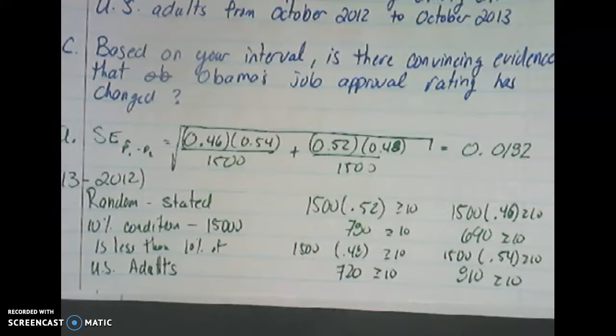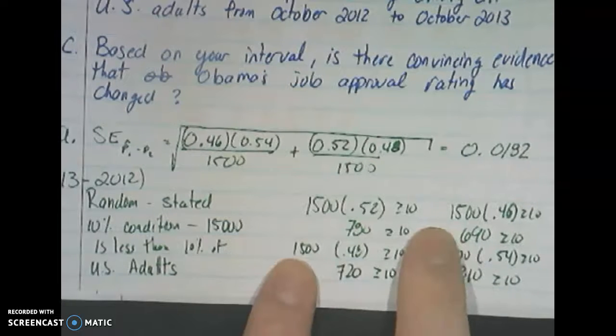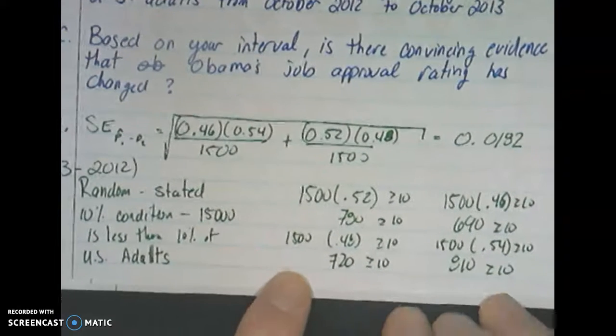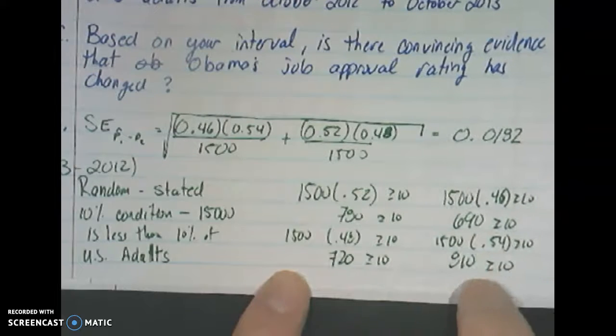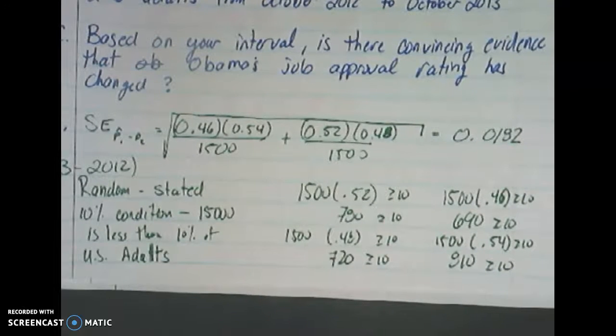Because we did 1,500 for both of them, we should be okay just stating it once. If the population was different, we'd have to state it twice. Then we did our large counts: 780 and 720 for 2012, and 690 and 810 for 2013.